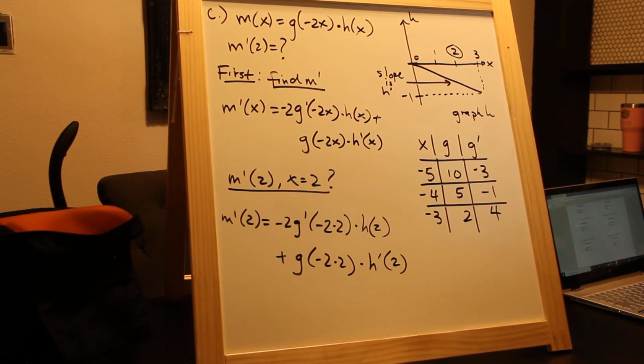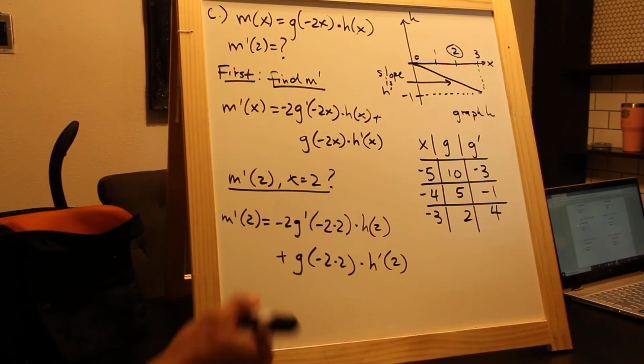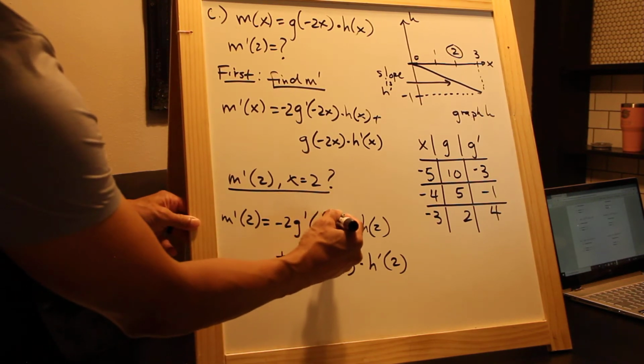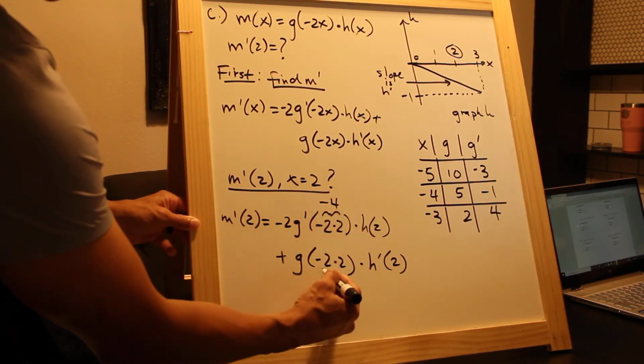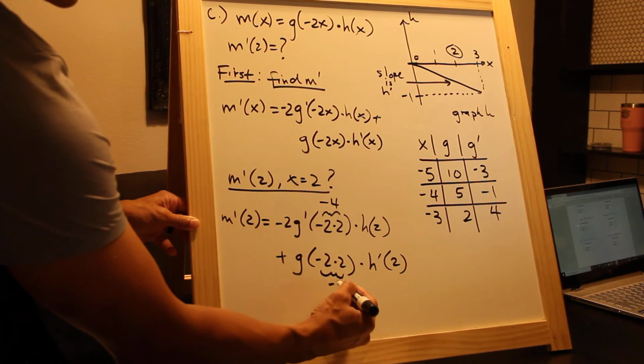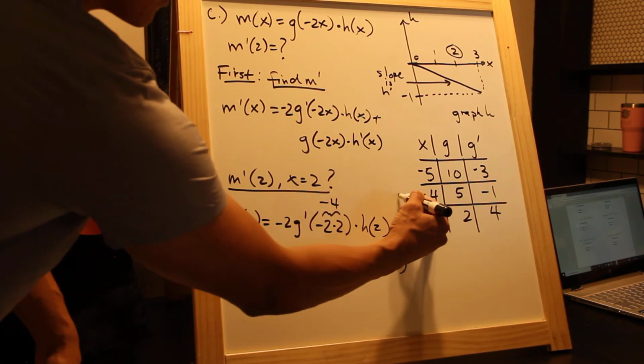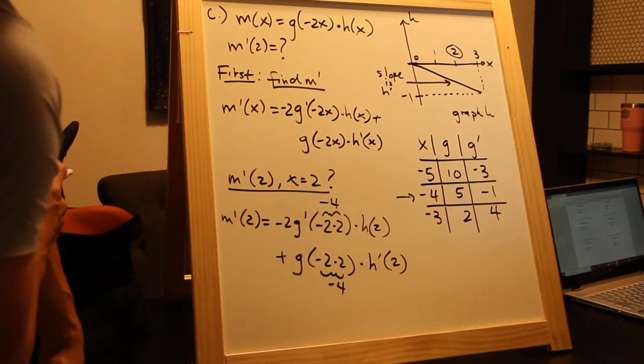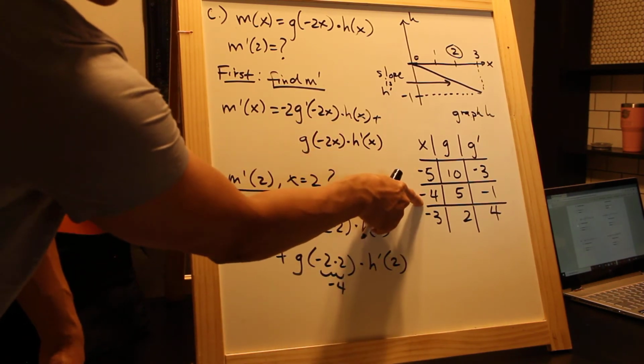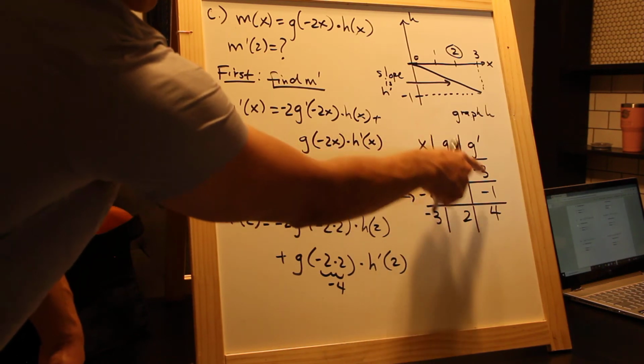Now if I take a look at this here, there was a table given to you on that page. Obviously if I multiply these numbers together, I get negative 4. So where's negative 4? Here's negative 4 right there, right? So if x is negative 4, g is 5, g prime is negative 1.